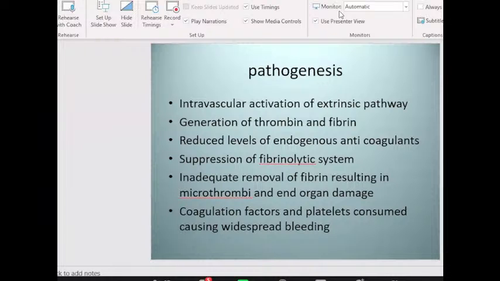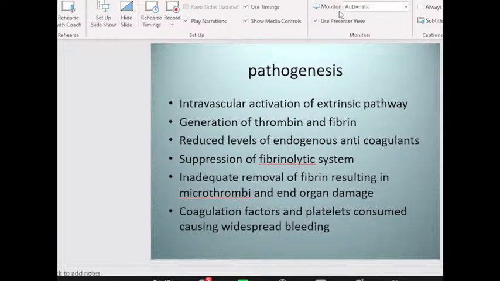So what I have, the topics that you would need to do, which I didn't capture in this lecture. Number one is that we can have acquired factor 8 deficiency, acquired hemophilia. So you can read around that. It just presents like the congenital hemophilias.